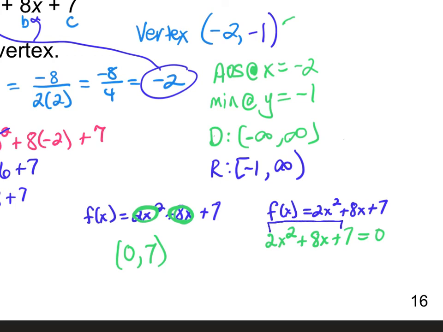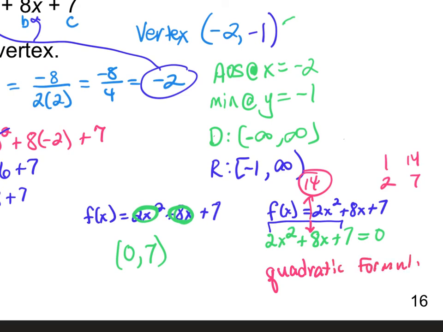I need factors of 14 that multiply to give me 14, but add to give me 8. 1 and 14, 2 and 7. Is this going to factor nice and pretty? No, so that means I would have to use everyone's favorite, super easy quadratic formula. We're not doing that today. Possibly in the next couple days, but not today.